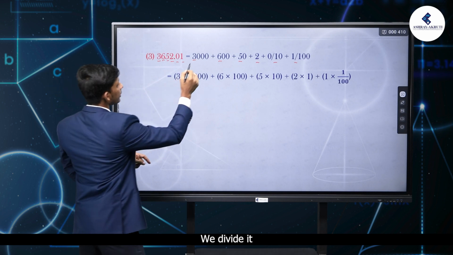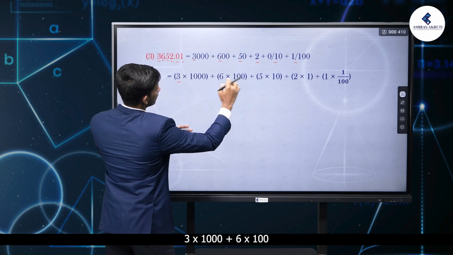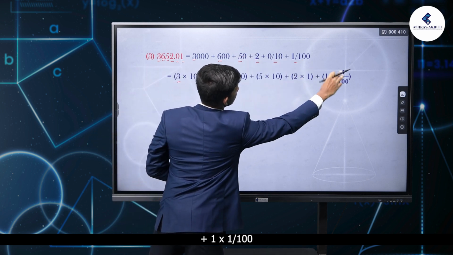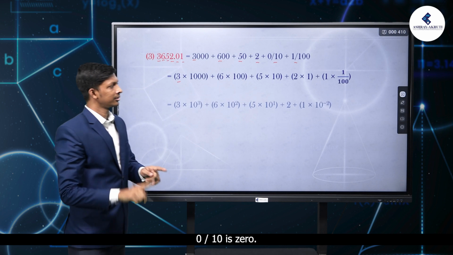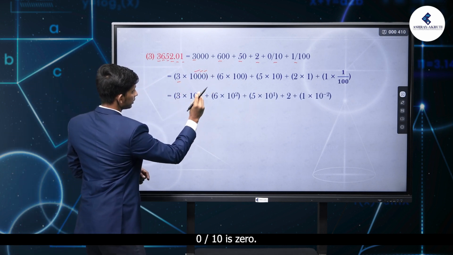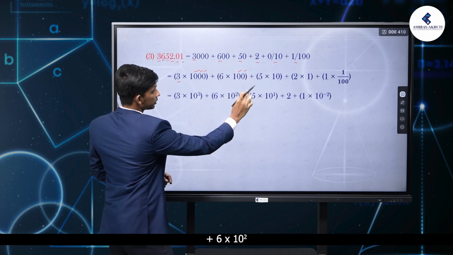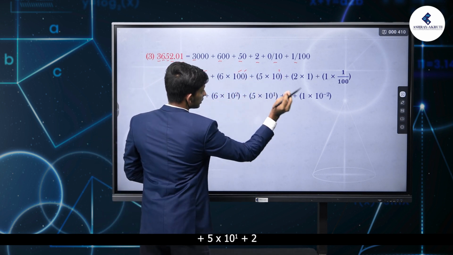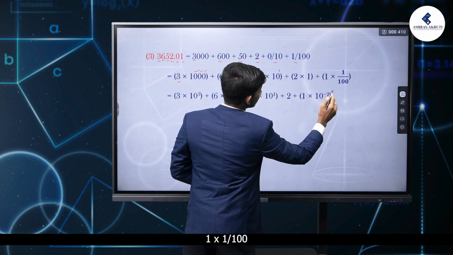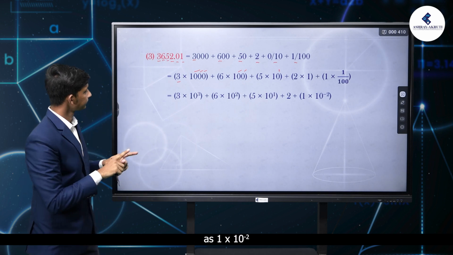We divide it: 3 into 1000, 6 into 100, 5 into 10 plus 2 into 1 plus 1 into 1 by 100. 0 by 10 is 0. We write this in the exponential form: 3 into 10 to the power of 3 plus 6 into 10 to the power of 2 plus 5 into 10 to the power of 1 plus 2. 1 into 1 by 100, we write this in the exponential form as 1 into 10 to the power of minus 2.